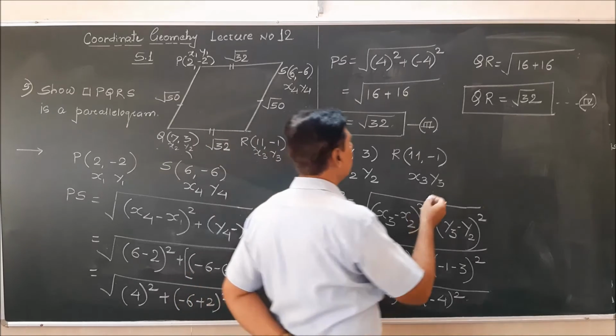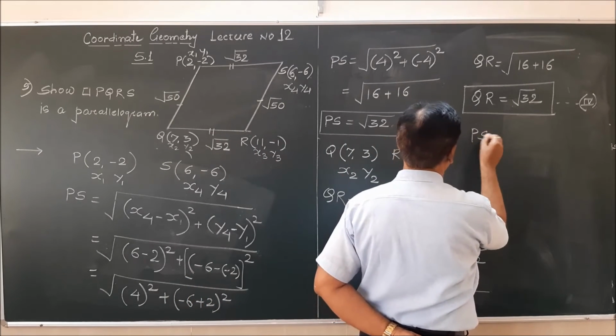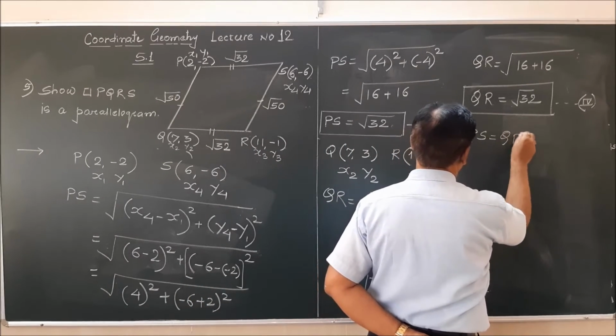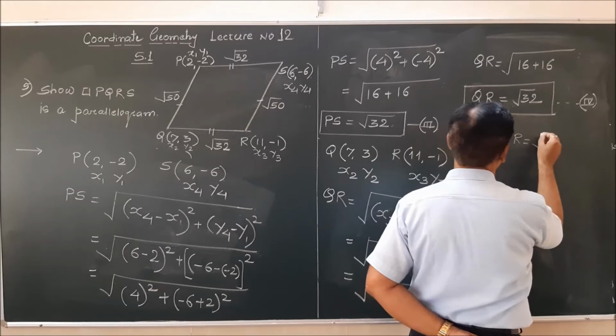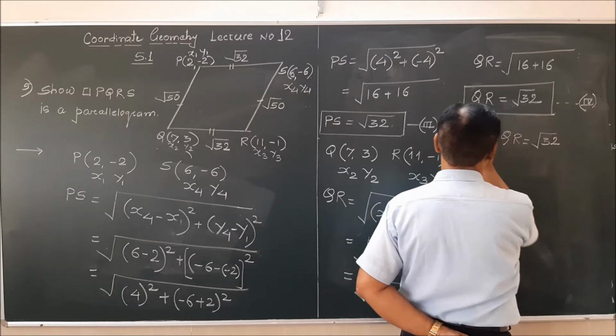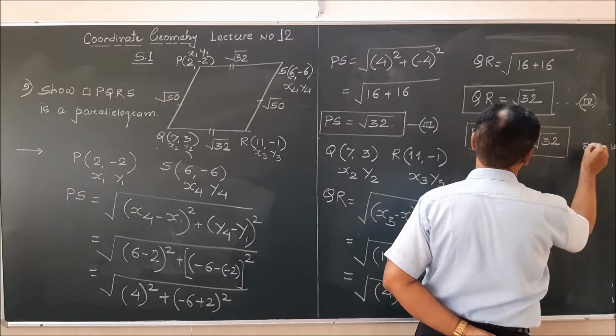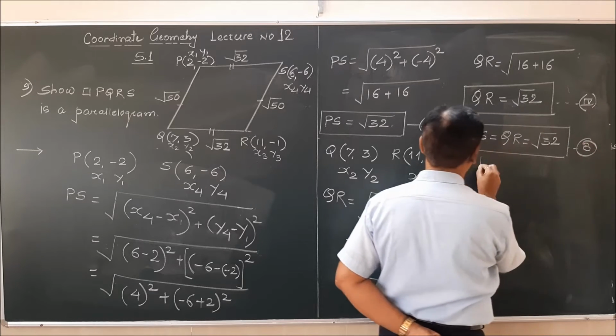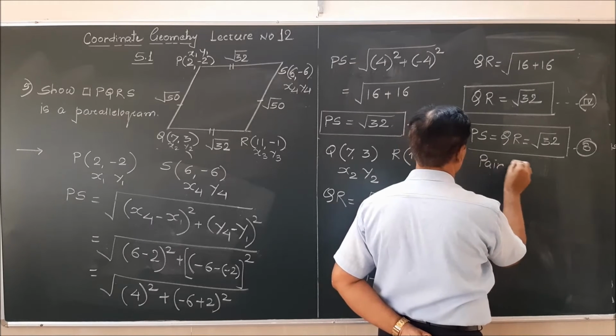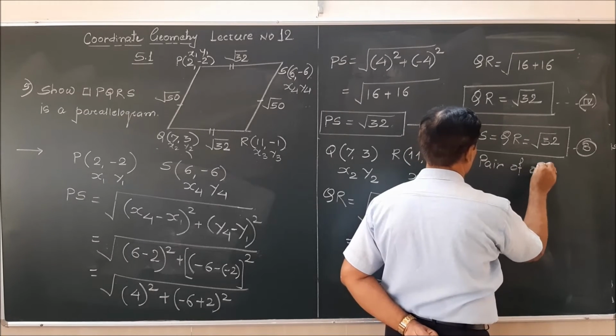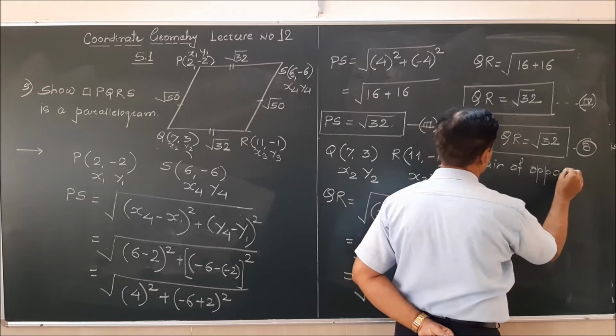So we can say PS is equal to QR, that is equal to root 32. This is the reason, pair of opposite sides.